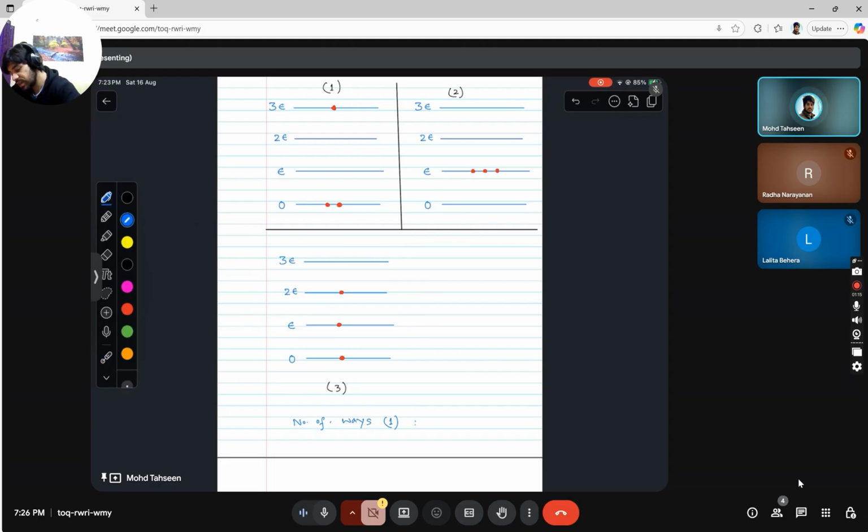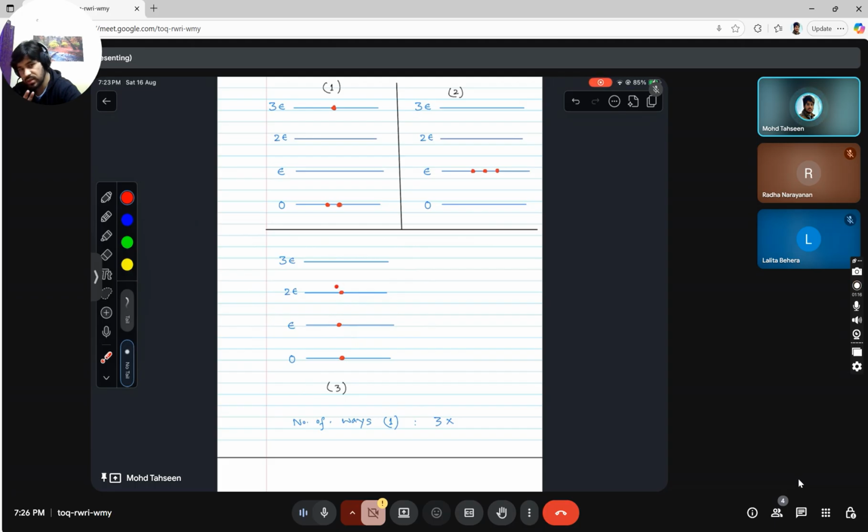So the total number of ways would be 3, because we can choose this particle in 3 different ways, and then once we choose this particle, we are left with 2 more particles, and now I have to choose which one to put here, because these are distinguishable. So there are 2 ways in which this state can be filled.